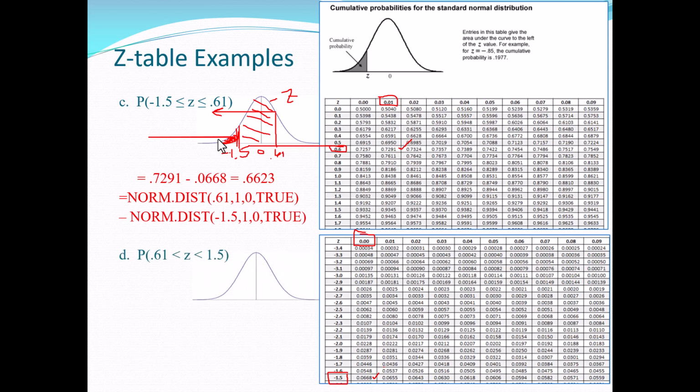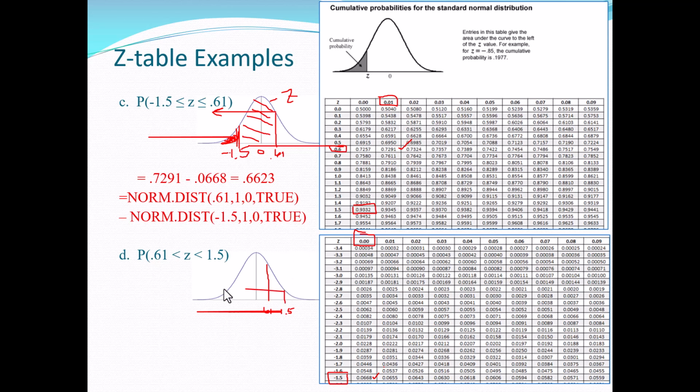Let's take a look at one more here. This time, what am I doing? I'm switching the signs. I'm making them both positive numbers. And yet the way that we're going to solve this is exactly the same, except now, this is supposed to be 1.5, sorry about that. I'm going to look up a positive 1.5, which you can see is right here. The z-score of 1.5 gives me a probability.